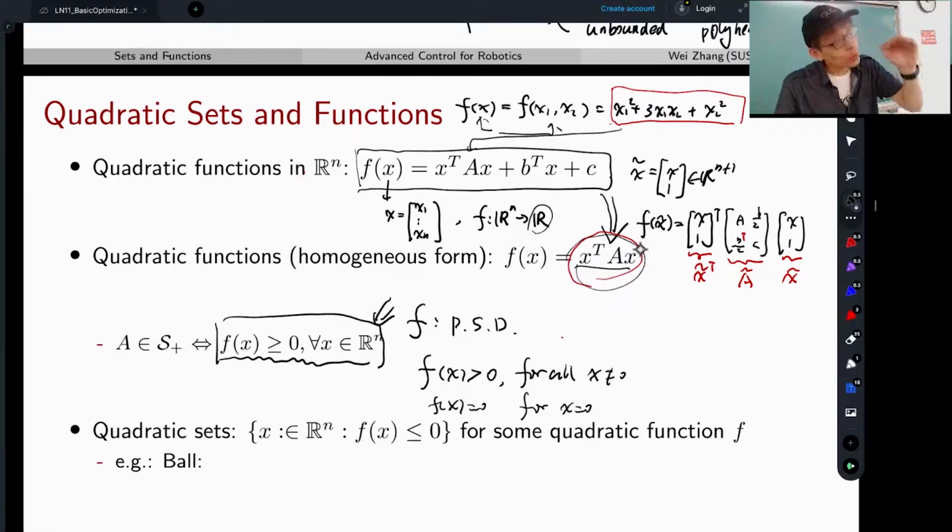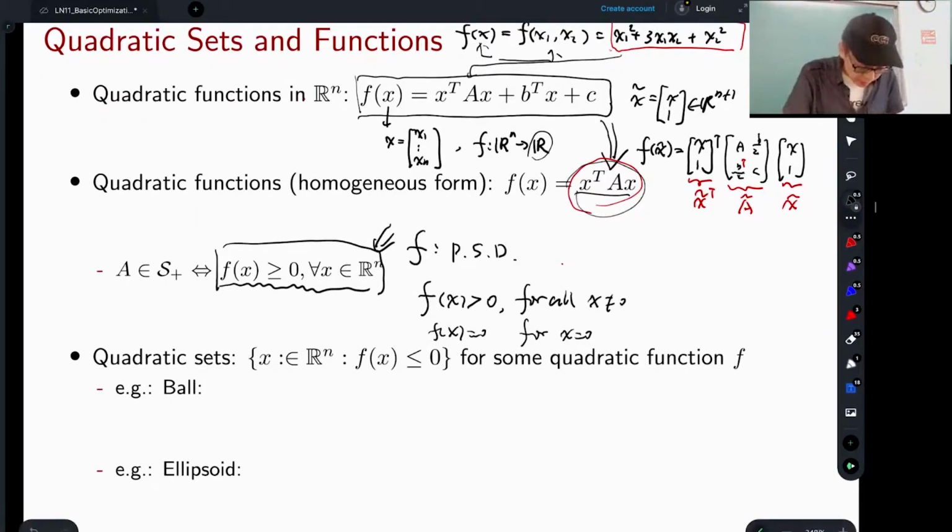So the most elementary definition is that a function is positive semi-definite or positive definite. In the quadratic function case, the function is completely characterized by a matrix, so the matrix is positive semi-definite or positive definite because the representing function has the same property. Okay.